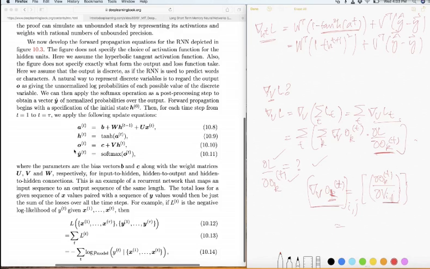Otherwise, it's not containing that particular component. So this derivative is only non-zero when k is equal to i. Otherwise, it is 0.